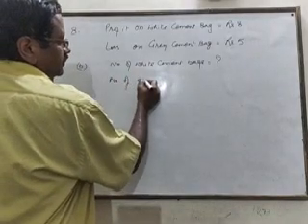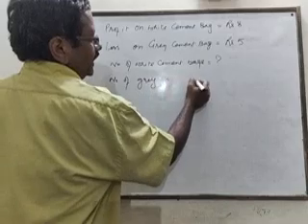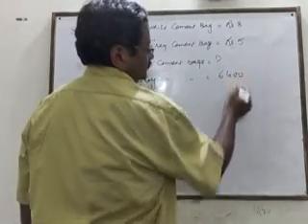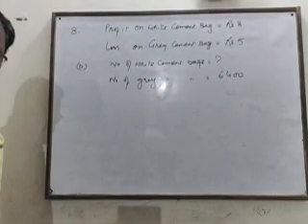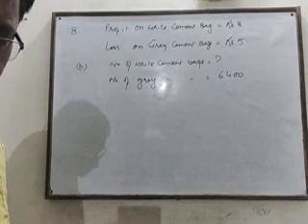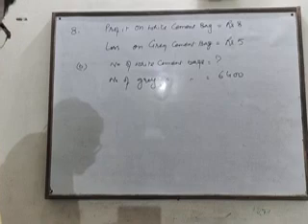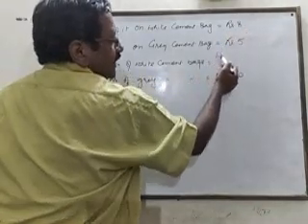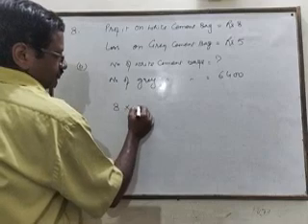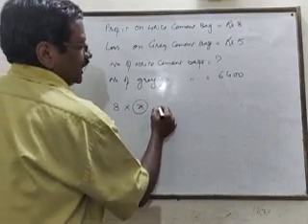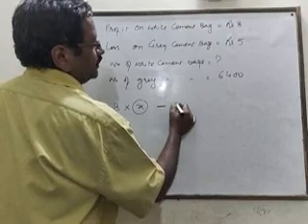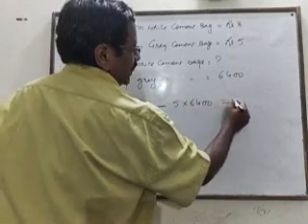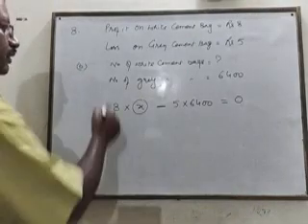Number of grey cement bags are 6,400. Neither profit nor loss means if I multiply 8 with this, and then subtract 5 multiply 6,400, I should get 0 according to the question.